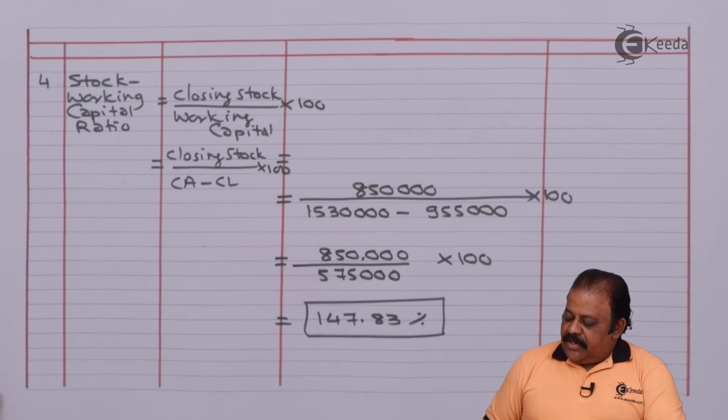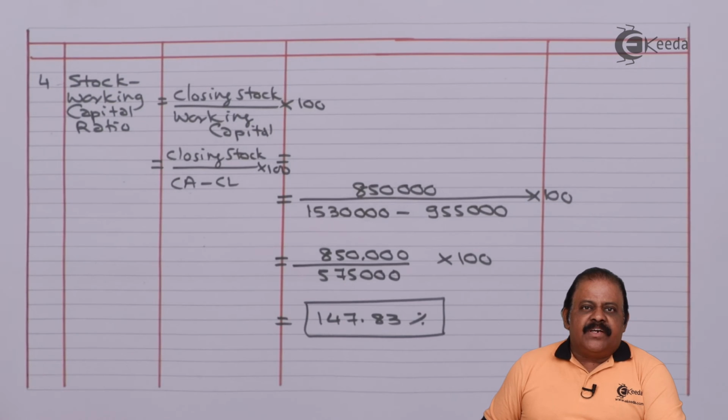Stock working capital ratio 147.83%. Standard stock working capital ratio is 100% or less than 100%. Here company's stock working capital ratio is more than 100%, which is not satisfactory. Company has to reduce its stock and improve inventory management so that excess funds will not get blocked in stock.